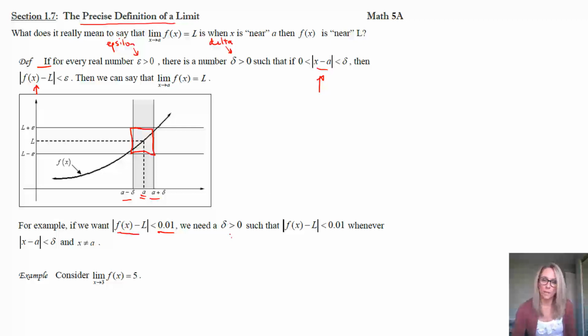We need some sort of delta such that the difference is less than 0.01 whenever you have a difference in your x values less than delta.